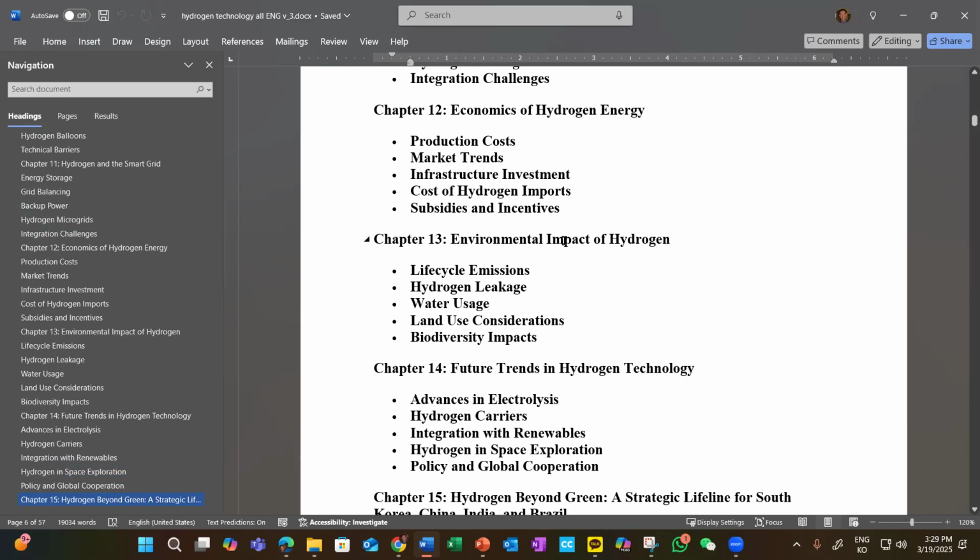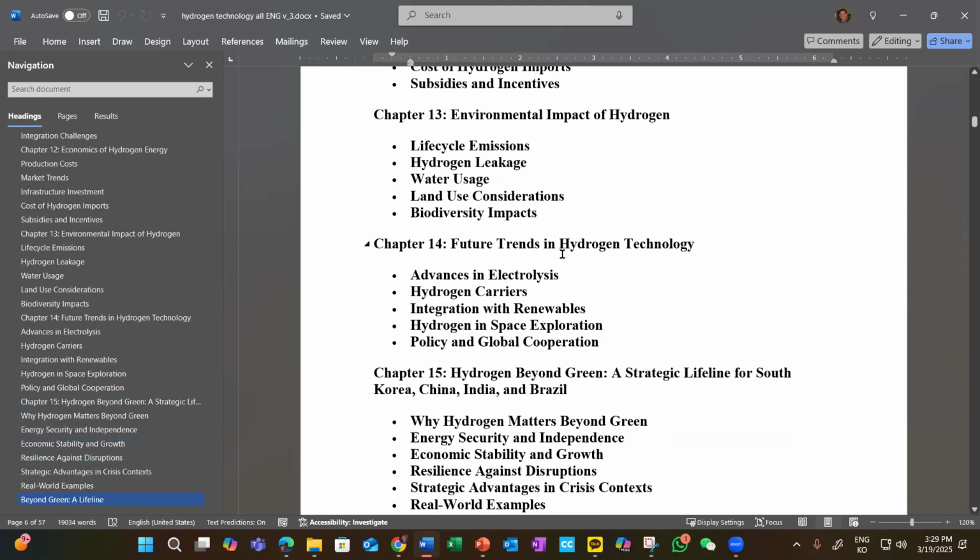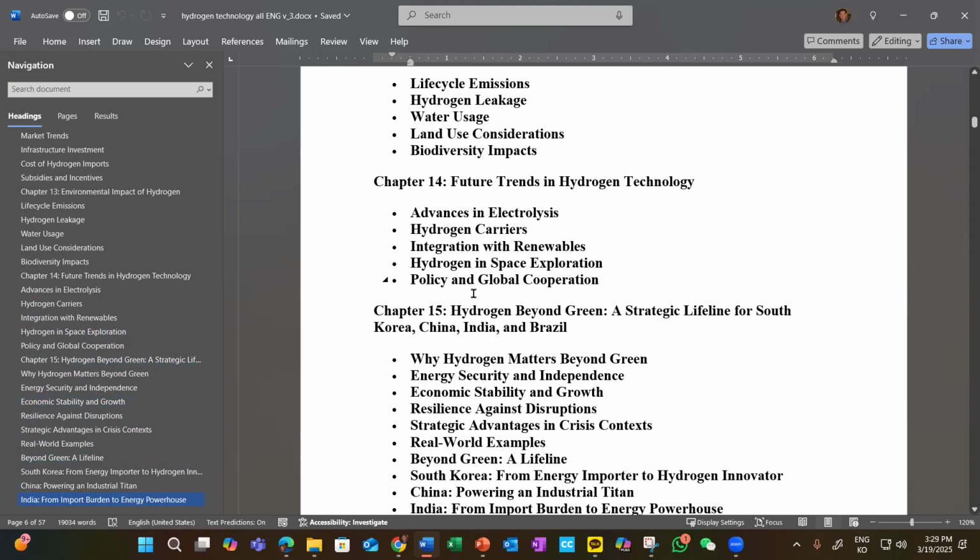And the environmental impact of hydrogen. This is a very obvious topic. We need to know why we have to use hydrogen. So chapter 14 is the future trend, and then chapter 15.